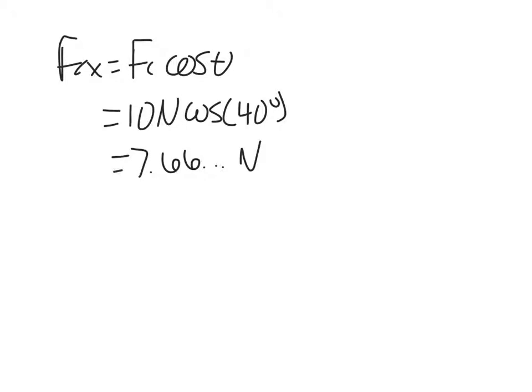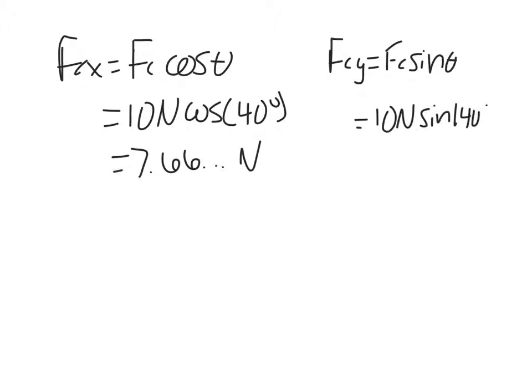For my y component, FCY equals the contact force times the sine of the angle. So this will be equal to 10 newtons sine 40 degrees. 10 sine 40 is equal to 6.42, keeps on going, newtons.